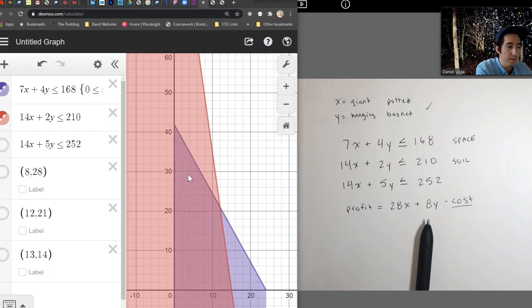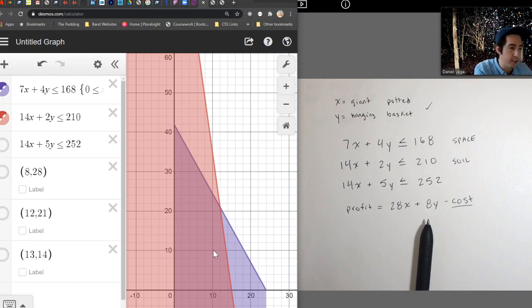Now, if you use both equations, anything in the double shaded area right here could be both. Any of these double shaded areas represent where you overlap. You could get like 0, 0. You could have 0 of either plant, and that would be okay because you wouldn't be using any space or any soil.